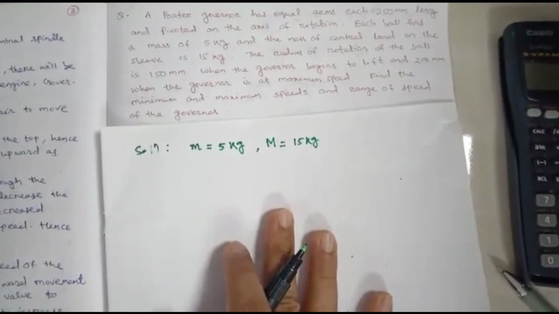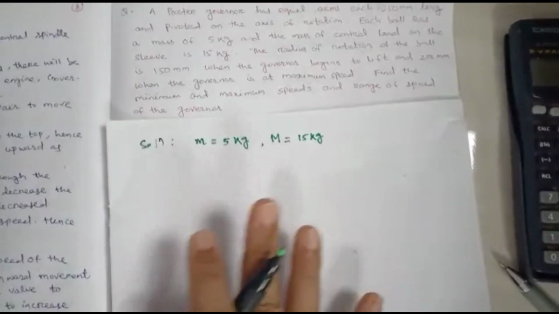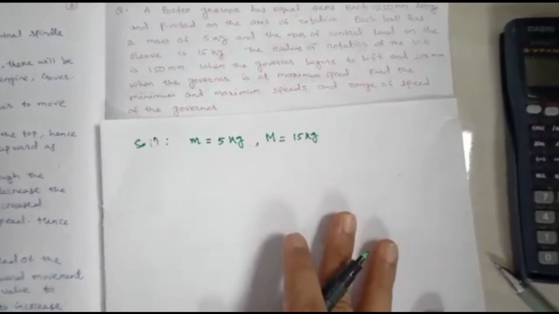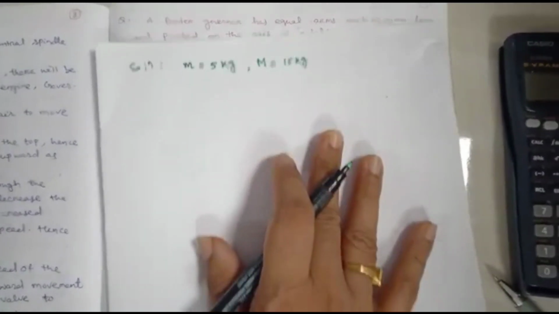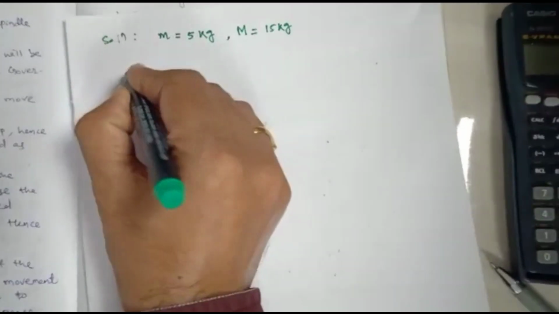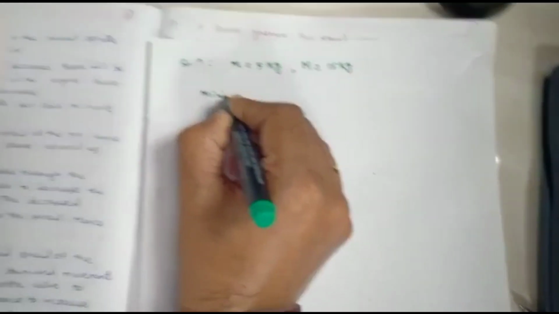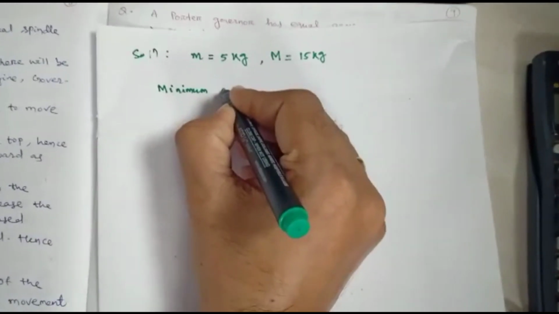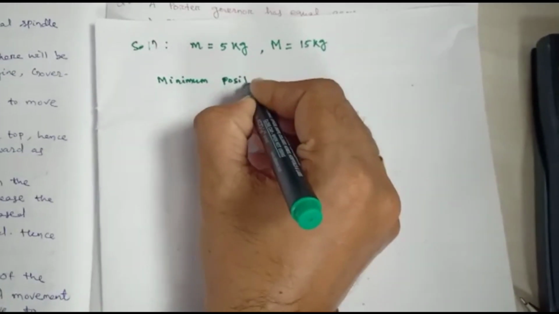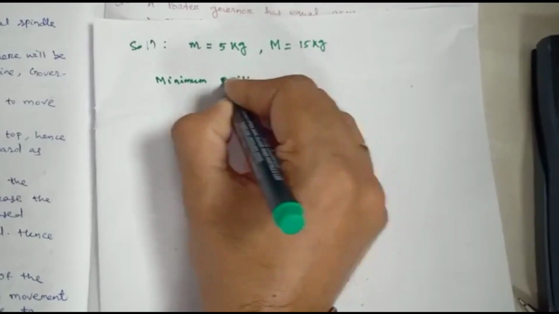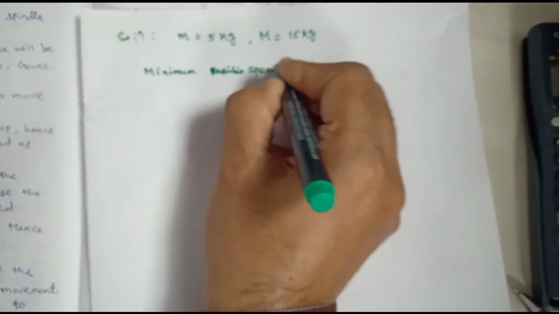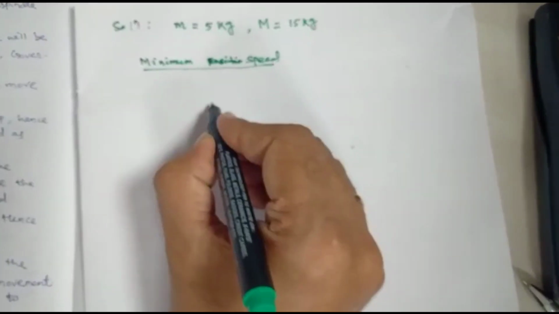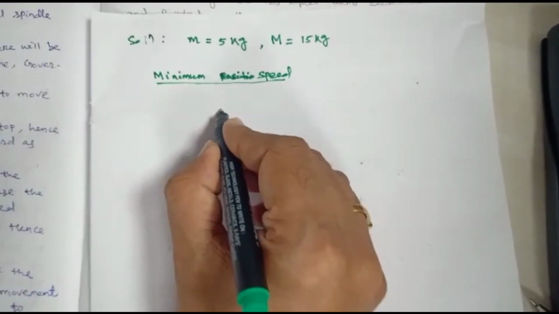Now we have to draw two cases, for minimum speed case and for maximum speed case. Let us draw the minimum speed position.